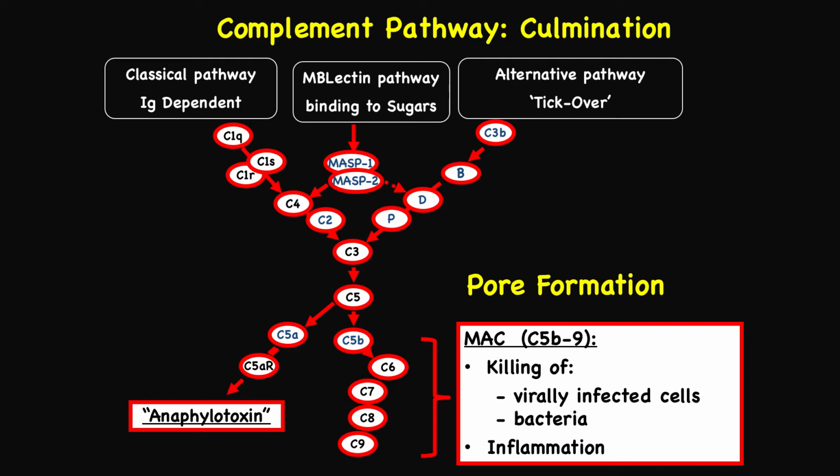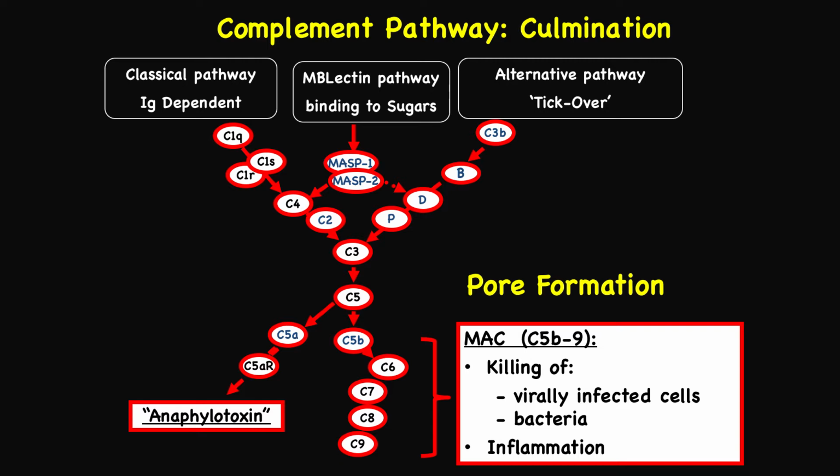Remember, we generate complement. The complement cascade occurs either through the classical pathway shown on your far left-hand side, which is immunoglobulin dependent, and you get C1q, C1r, C1s, which cleaves C4, which cleaves C2, which cleaves C3. You can also activate it through the mannose binding lectin pathway, except where the C1q, C1r, C1s is instead done by mannose binding lectins, proteins that are part of the innate immunity, which are designed to recognize mannose sugars, which are primarily found on bacteria.